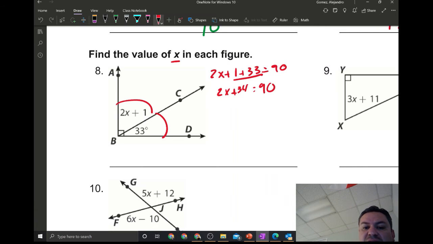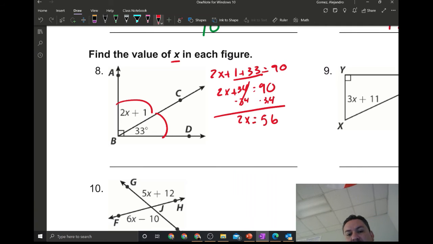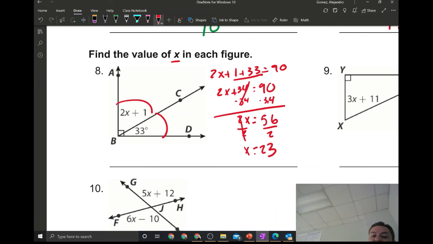So for x, subtract 34, subtract 34. You're left with 2x equals, this is 6, and this is 5, 56. Divide by 2, divide by 2. So x equals 23. Not 23 degrees. It says the value of x is 23.